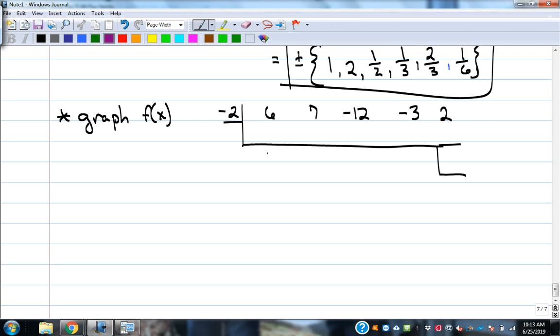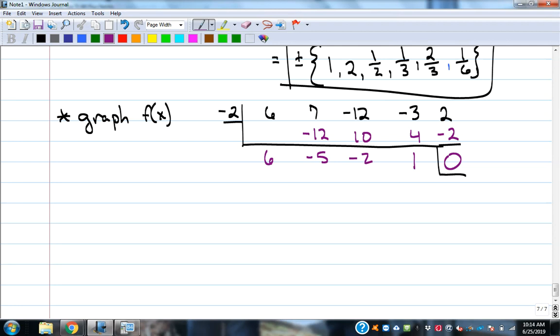All right. So drop the 6, multiply. And I got a 0 there. So that broke the polynomial down one step.